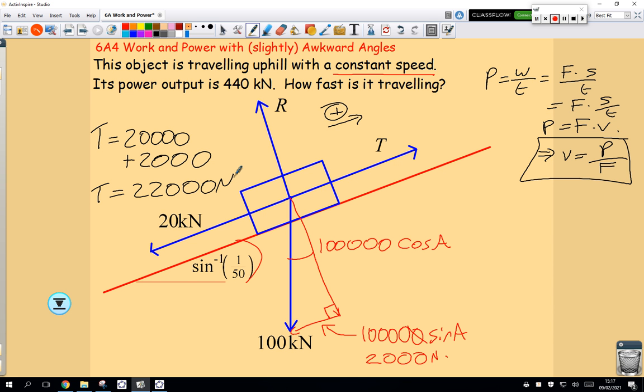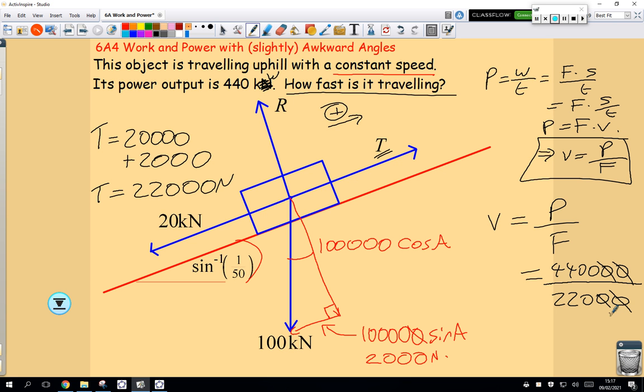How do we find the velocity? How fast is it traveling? Well, we said constant velocity is the power over the force. The power output is given as 440,000, that's kilowatts, not kilonewtons, kilowatts, divided by the force, well, that's the tractive force there, which is 22,000.